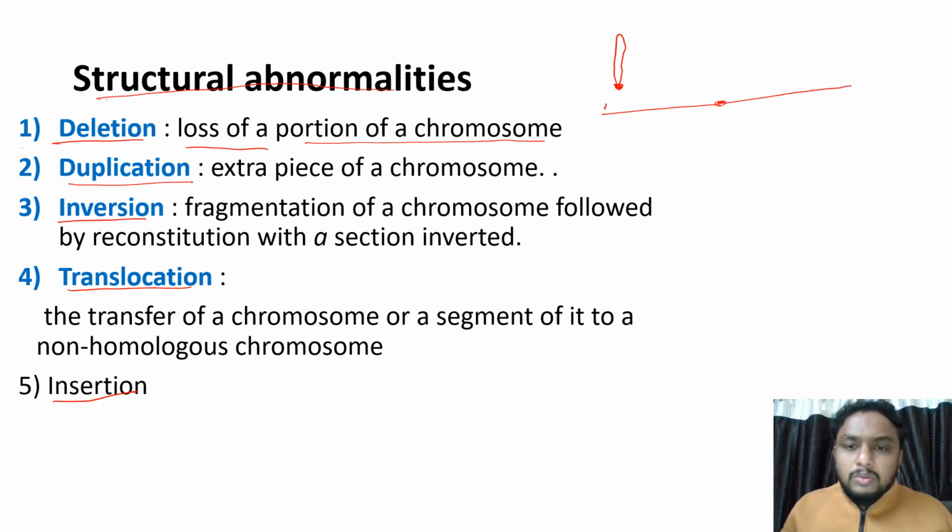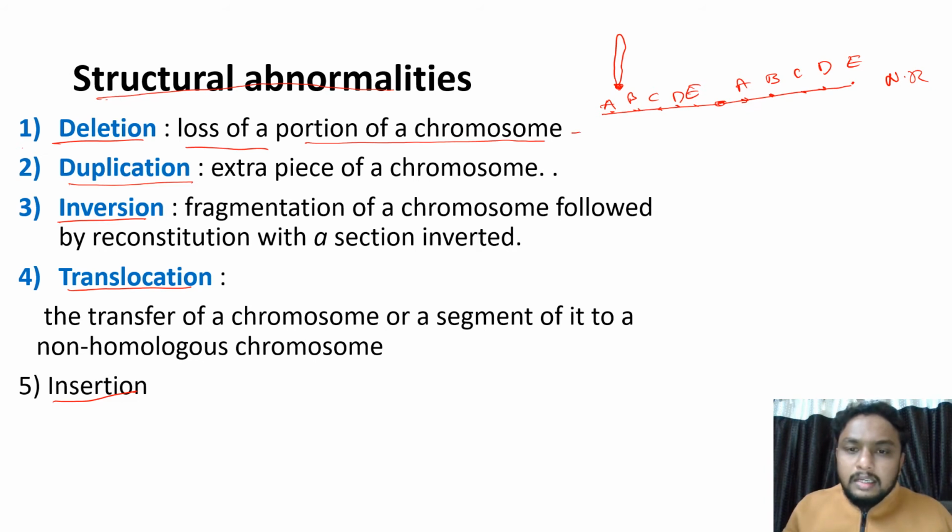Imagine this is a chromosome, with genes A, B, C, D, E. This is the normal one. But what is happening in deletion?